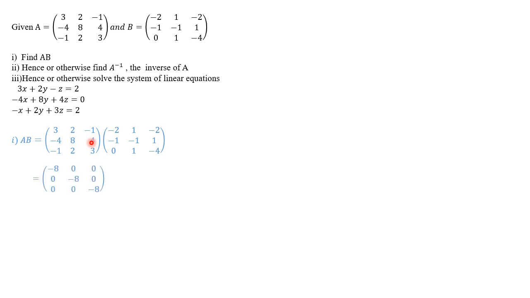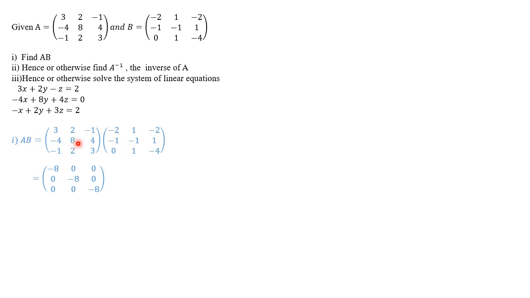If we multiply A and B, we get this matrix with minus 8 on the leading diagonal. So automatically we know that A and B are related in such a way that B is the adjoint of the matrix A.